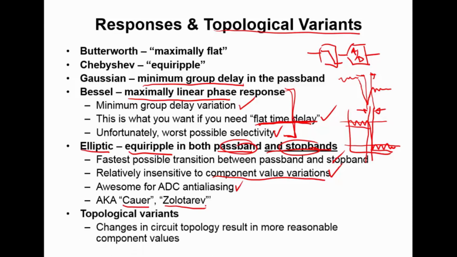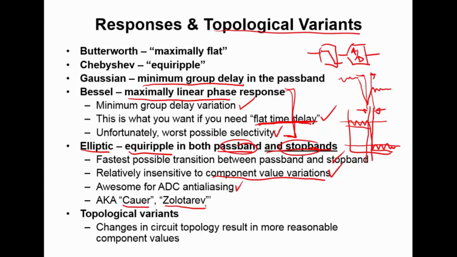And then topological variants. I showed you the various structures, the component arrangements that give you the standard responses, and then just said, well, you just change the values to get these responses. But you can change the design of the circuit to result in more reasonable component values. I'm not explaining at all how to do that.